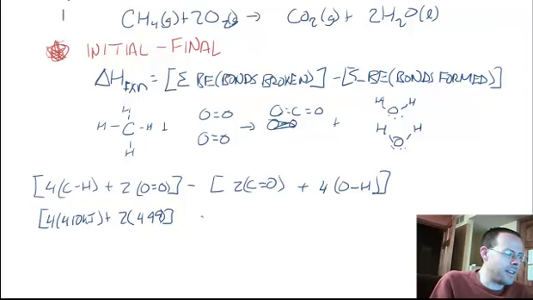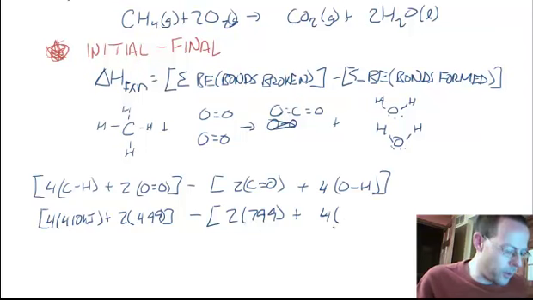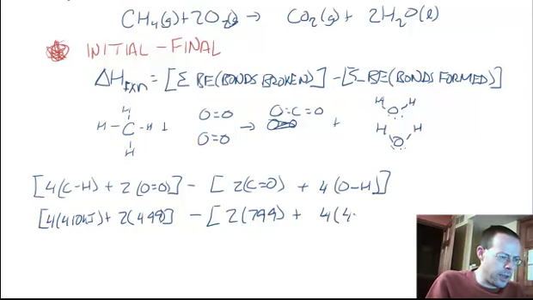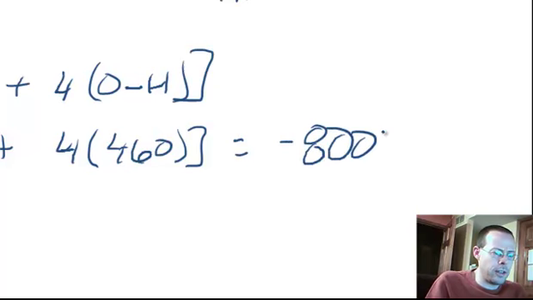And we're going to subtract out 2 C=Os, which we already said were 799, and then we have 4 O-H bonds in our waters, and those O-H bonds are 460. All right, and when we do this math, we find that this comes out to negative 800 kilojoules per mole.